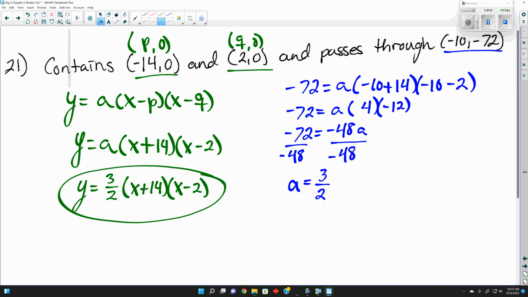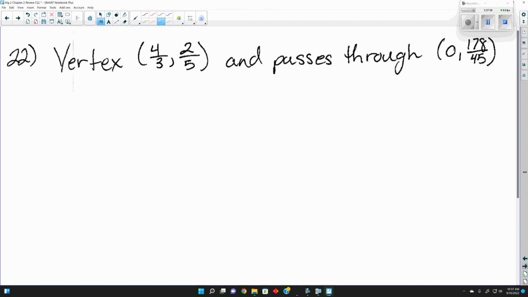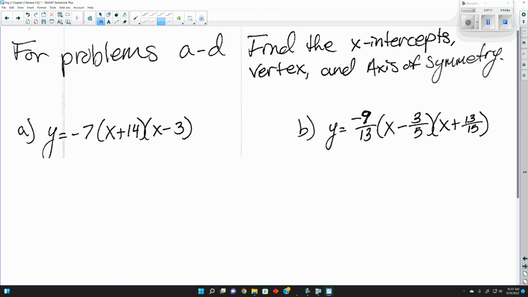Okay. Because we only have one last thing to cover, and that's finding the vertex and axis of symmetry from the x-intercept form. These are the last ones we need to look at, and then we are finished with this review sheet.